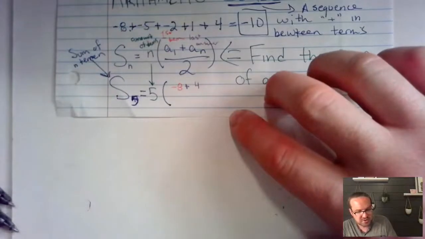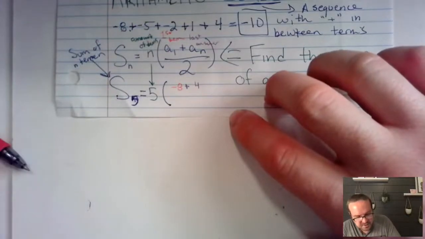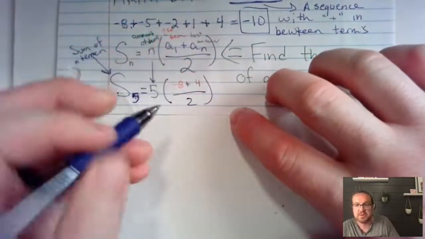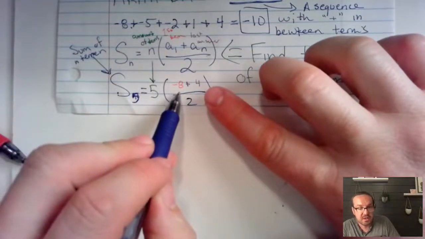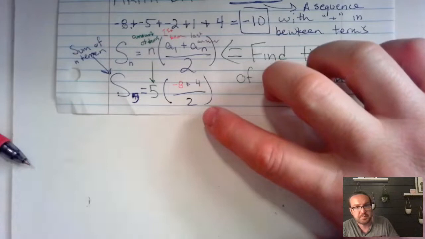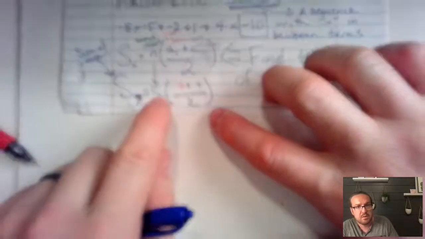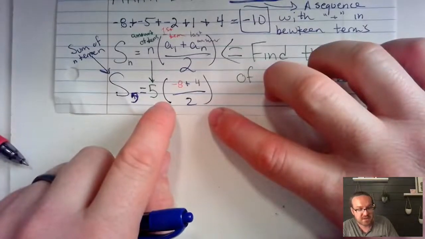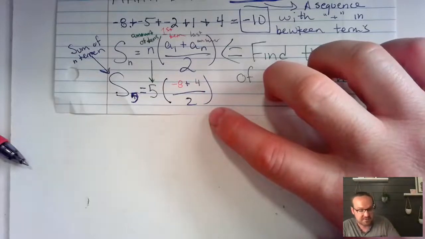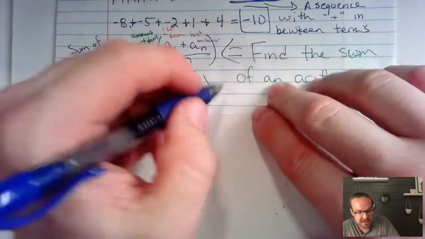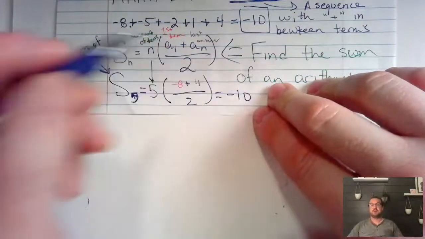And we know that 2 is just going to stay there, right? So I could simplify all this, obviously parentheses first, so -4 plus 2, -4 divided by 2, that's -2. -2 times 5, it all comes up to be -10. So I could use that formula, right?